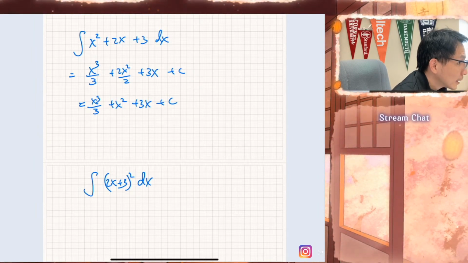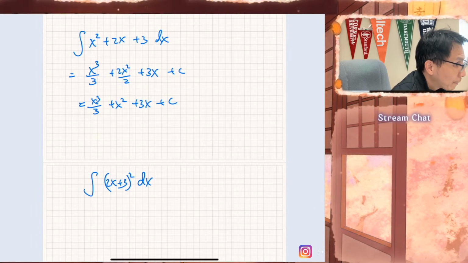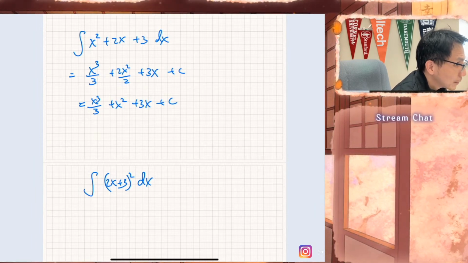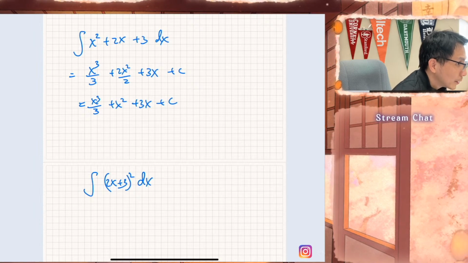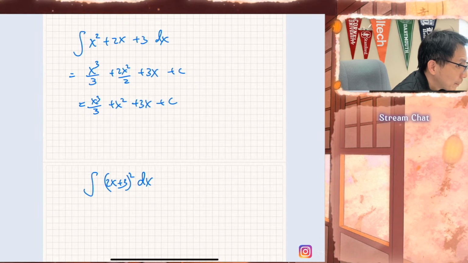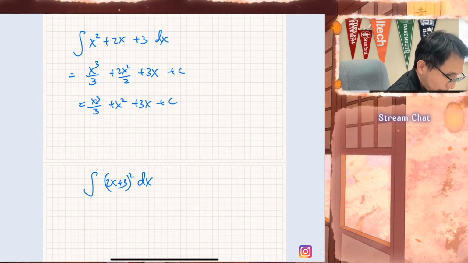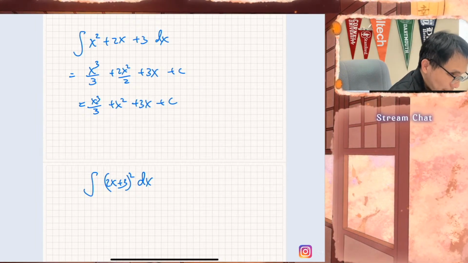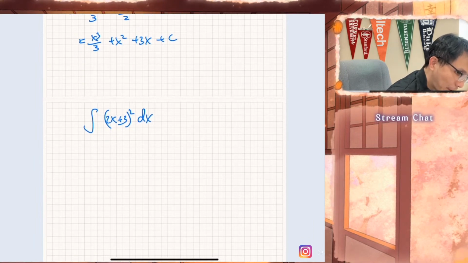Can we treat 2x plus 3 as just a variable? No. Can't just do that. Can we expand them? Yep, we can just FOIL.